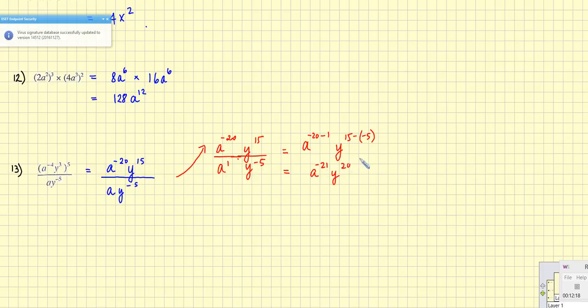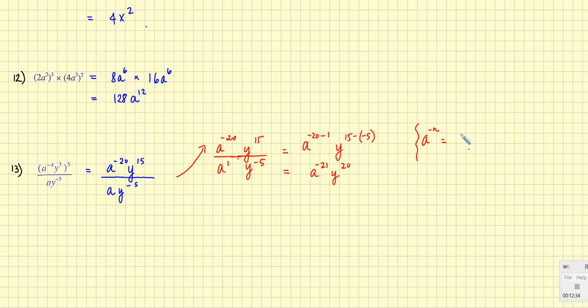Now, because I said that we should not have negative exponents, I will use again my law of a to the negative n is equal to 1 over a to the n. Wherever I have a negative exponent in the numerator, because remember the problem is really saying a to the negative 21 y to the 20th over 1, I can take this a to the negative 21 and bring it down to the denominator in order to make it positive.